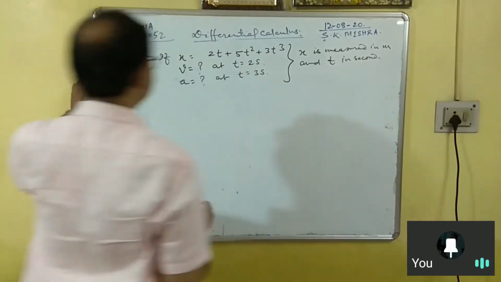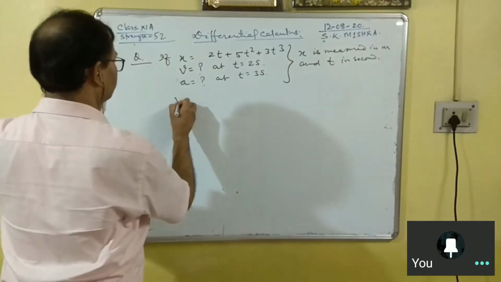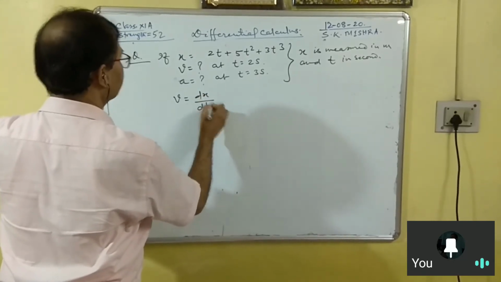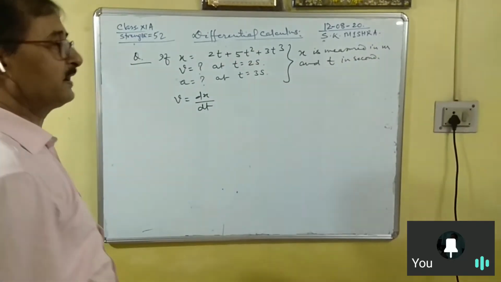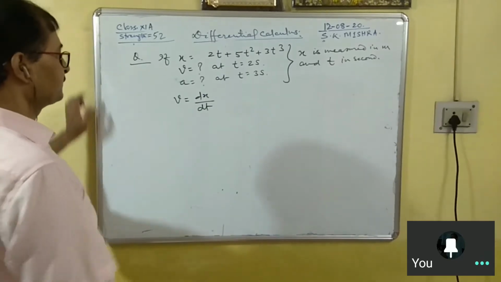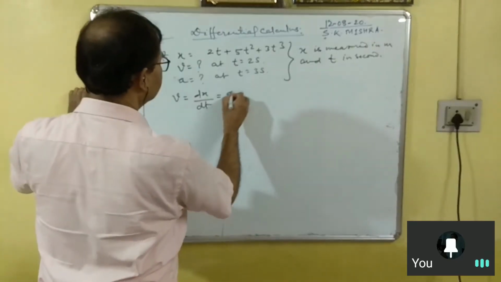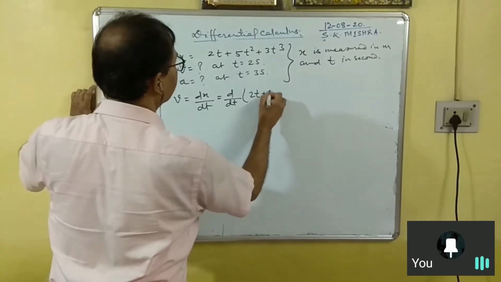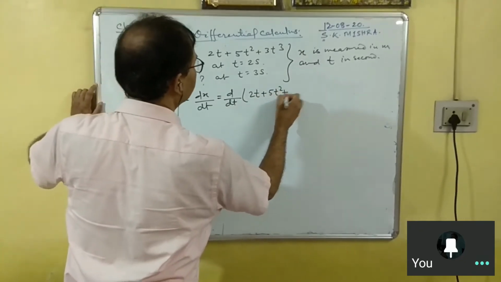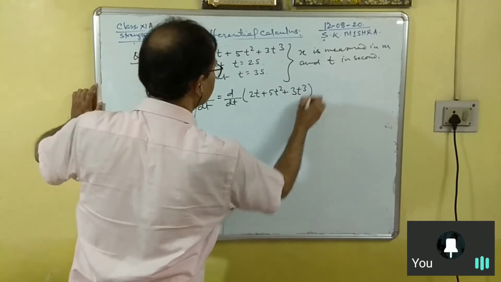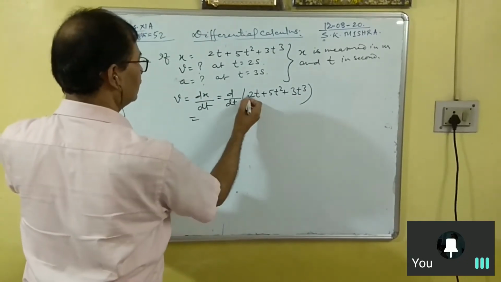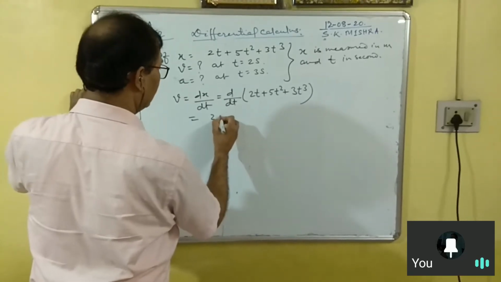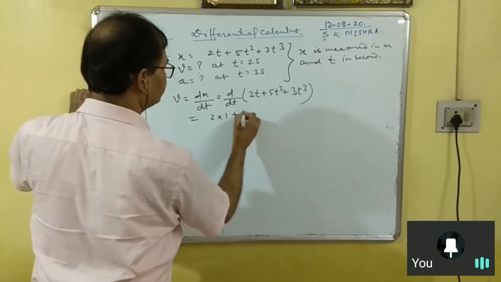These are conditions. So to find v, instantaneous velocity, you have to differentiate this, that is dependency of x on t. So dx by dt. So this is d by dt of whatever x is there, 2t plus 5t square plus 3t cube. Just differentiate it. So 2 dt by dt, 1 need not to write, plus 5t square.